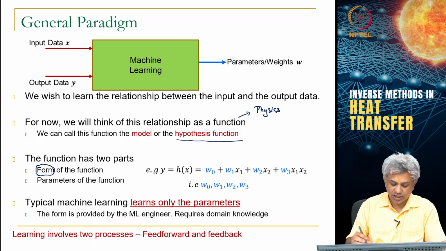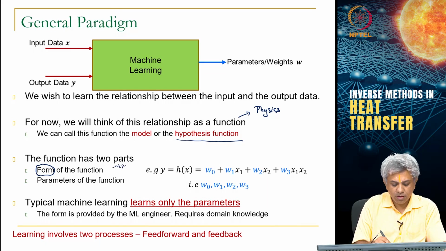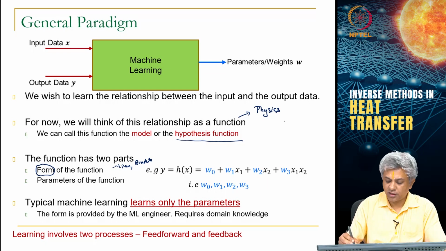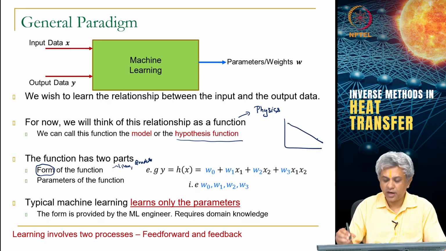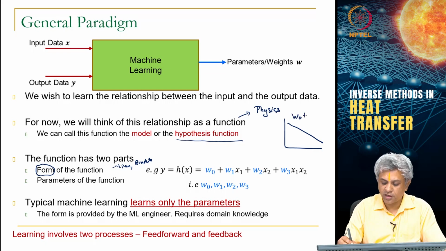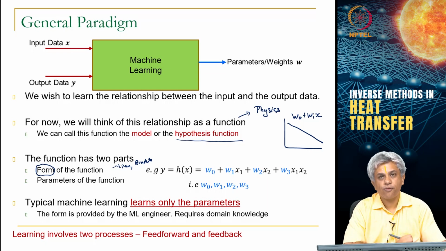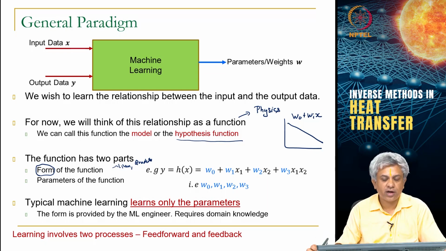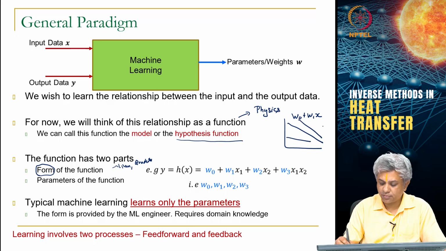The form of the function says, is this linear? Is this quadratic? Why do I call it the form of the function? If I have a function looking like this, with arbitrary parameters, let us say w0 and w1, so let us say the function is w0 plus w1 x, the only thing I can do by changing w0 and w1 is change the shape.